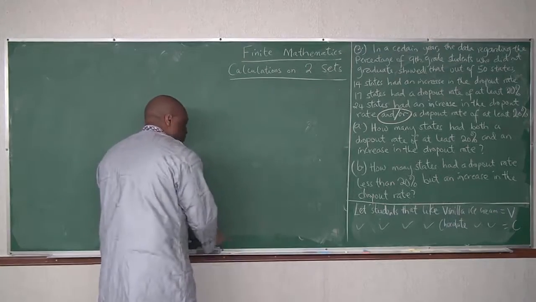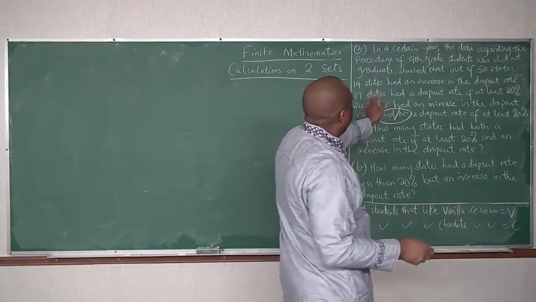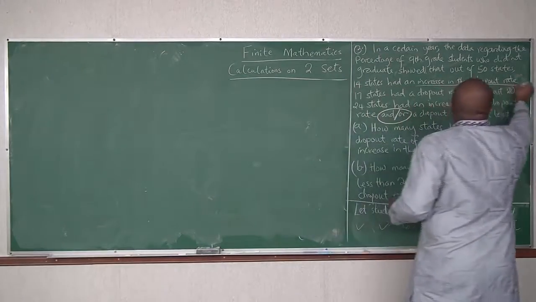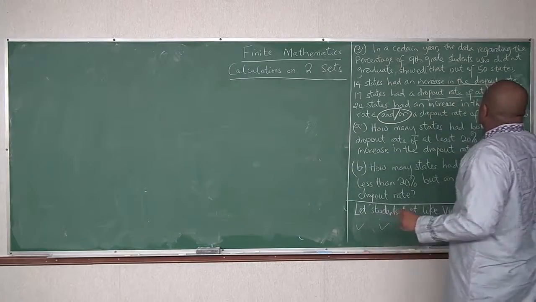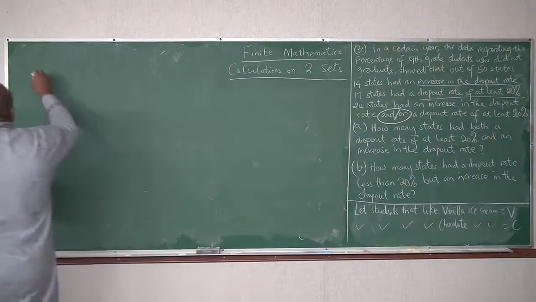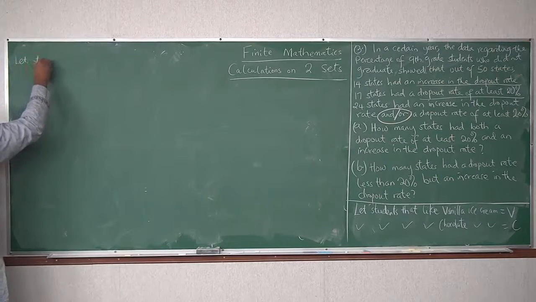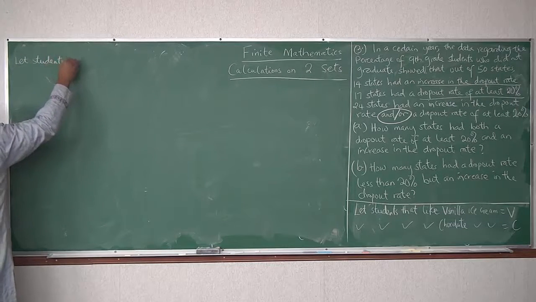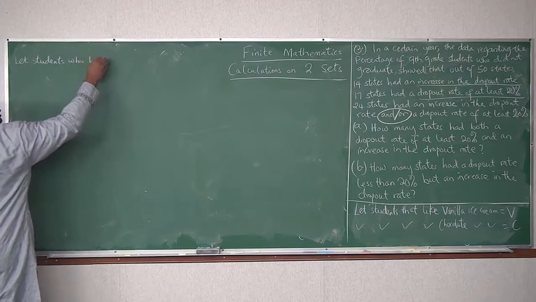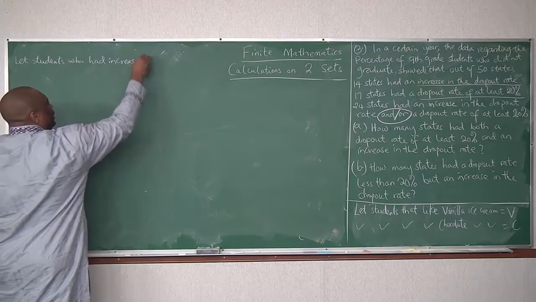Now, what are the two things that I'm talking about here? Increase in dropout rate and then dropout rate of at least 20%. So we just say, let B be the students who have an increase in dropout rate.